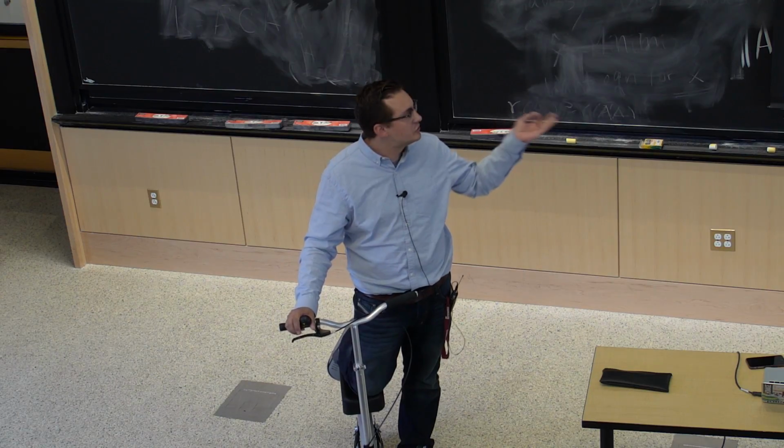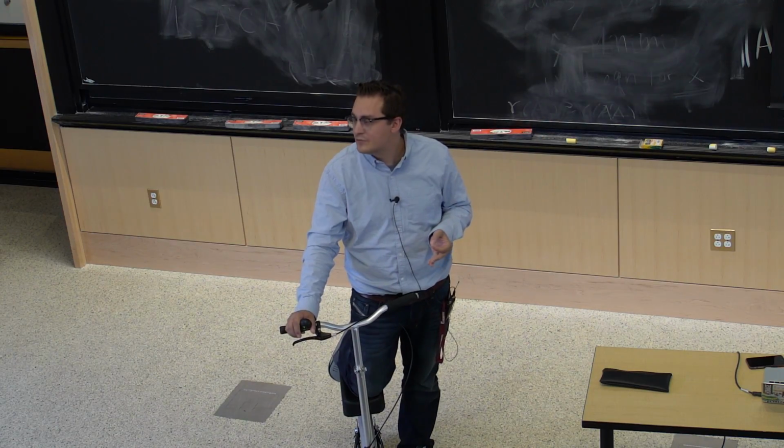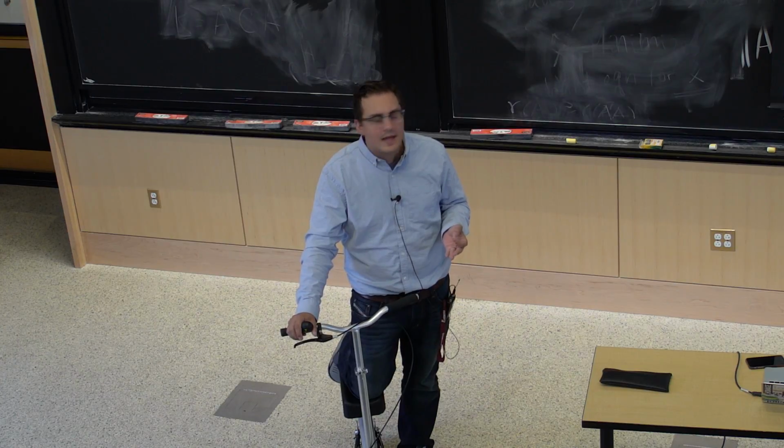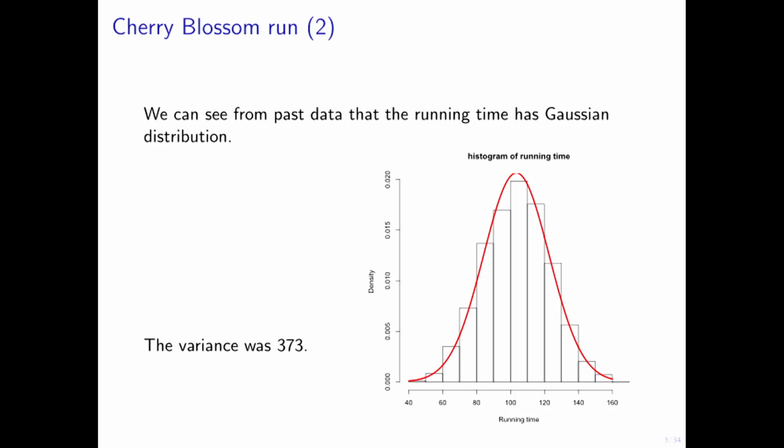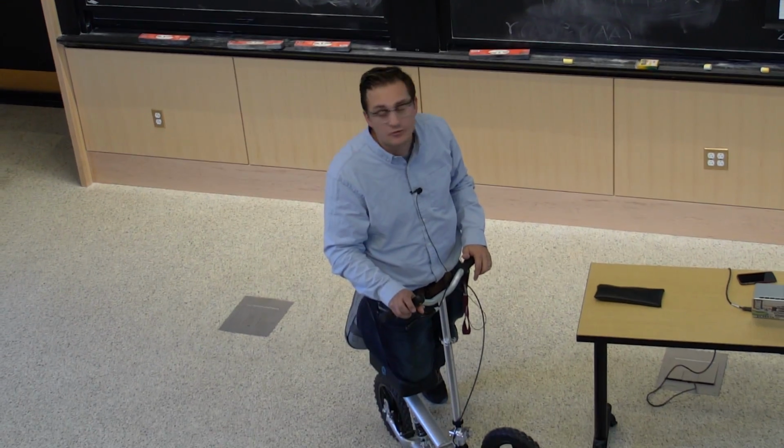You estimate the variance, which was 373. And you just try to superimpose the curve with this one, which is a Gaussian PDF with mean 103.5 and variance 373. And you see that they actually look very much alike. And so here, you're pretty comfortable to say that the running time actually is Gaussian distributed.